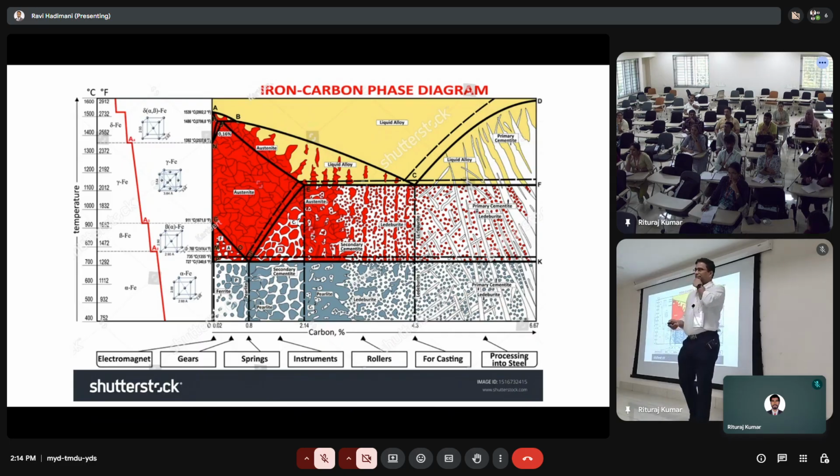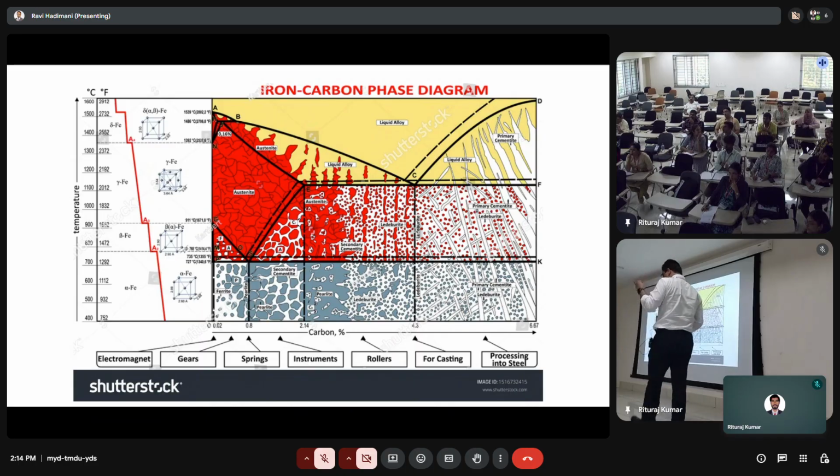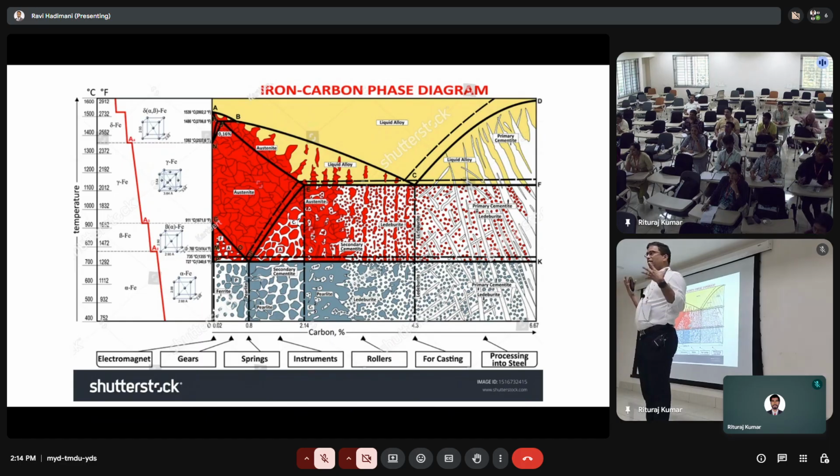Why simple cubic? When you say ductile, that means it has plastic deformation. So it's not brittle. It doesn't abruptly break. But then you have to ask a question: what is plastic deformation, right? How does the lattice influence plastic deformation?